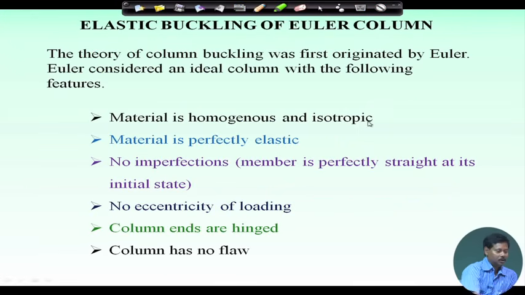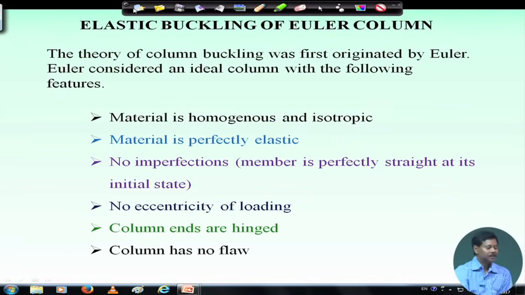Now, for finding out the compressive strength of a member, one is the crushing value we have to find out, that means the yield strength. We have to find out the yield strength of a particular material, and accordingly the strength of the compression member can be calculated. Another is that it may buckle.